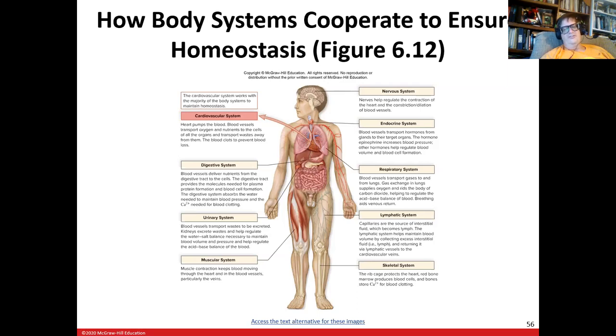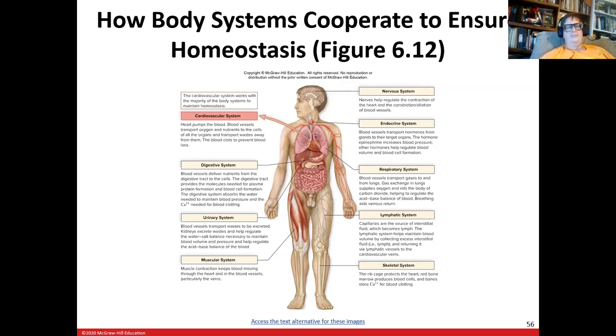The urinary system, you're taking waste that's produced in the tissues and moving it through the blood to the kidneys to take that stuff out. You're also providing the endocrine system. You're moving these chemical signals, these hormones, around in the body so that different organ systems can coordinate with each other.